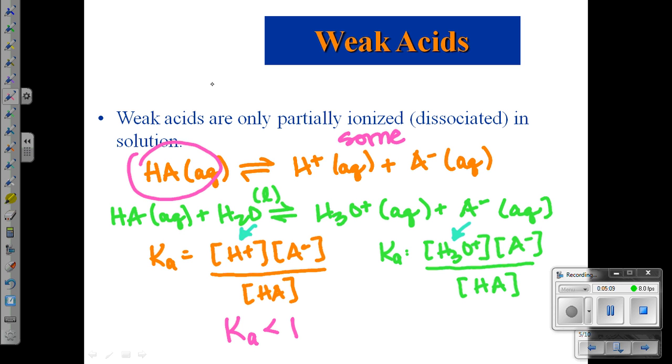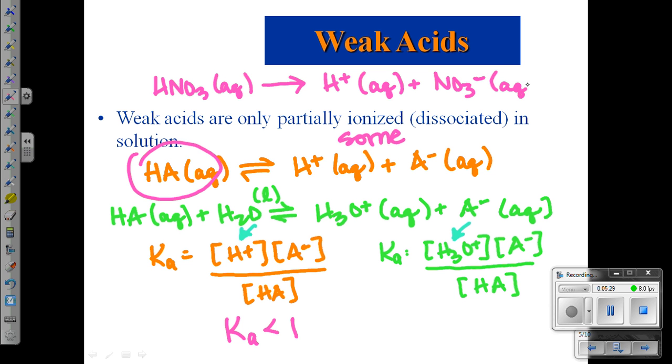If we look at our strong acids, like let's consider nitric acid, we know that that is going to dissociate completely into our hydrogen ion and our nitrate ion.